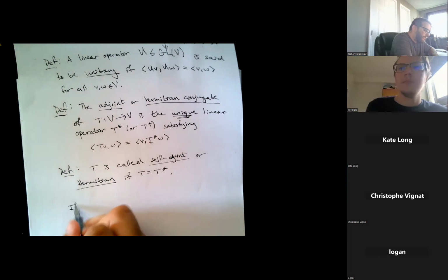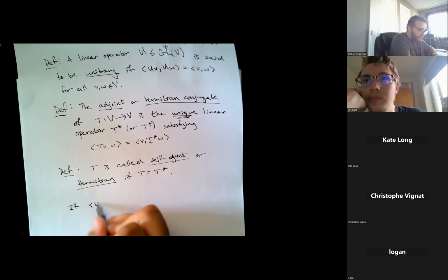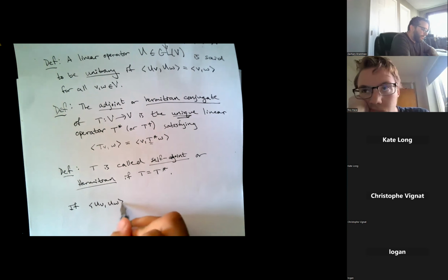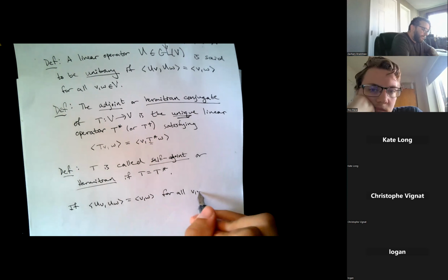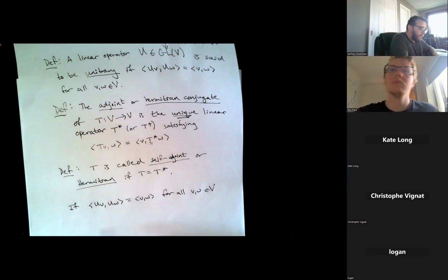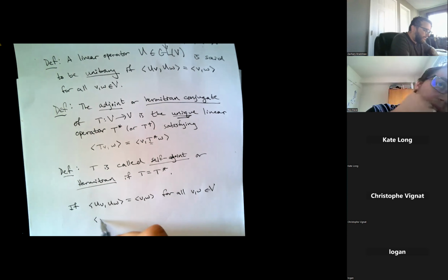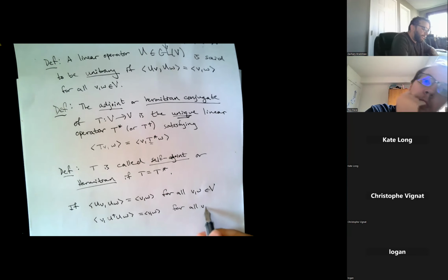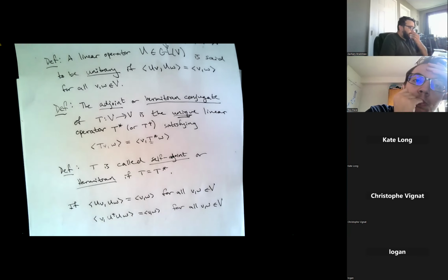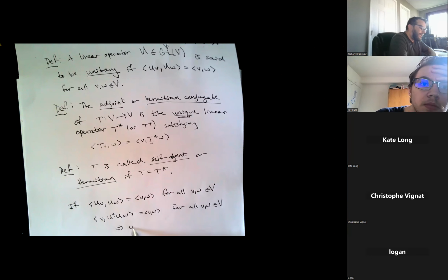So if you have the inner product of UV with UW equal to the inner product of V with W for all V, W, then that means that the inner product of V with U dagger U W is equal to the inner product of V with W, again, for all V, W. And since this is true for any old V and any old W, that implies that U dagger U is the identity.